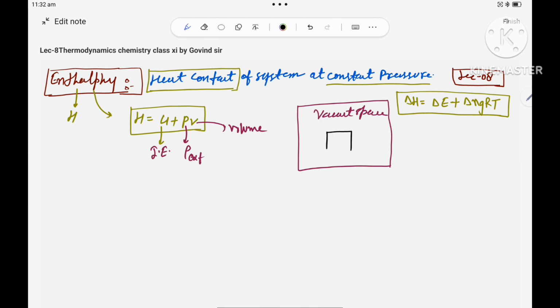Here gas is filled at the pressure P and volume V. P pressure, V volume. So what can you say about the heat content? Heat content is equal to what? Internal energy.